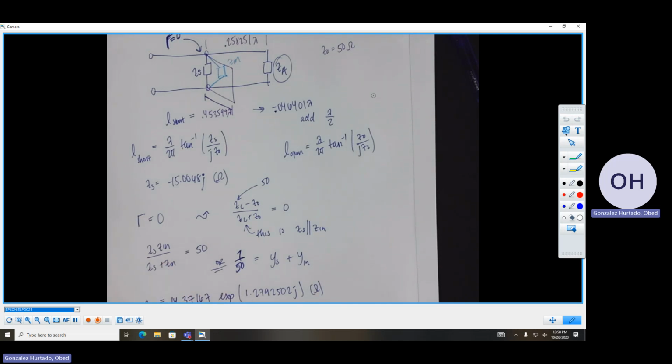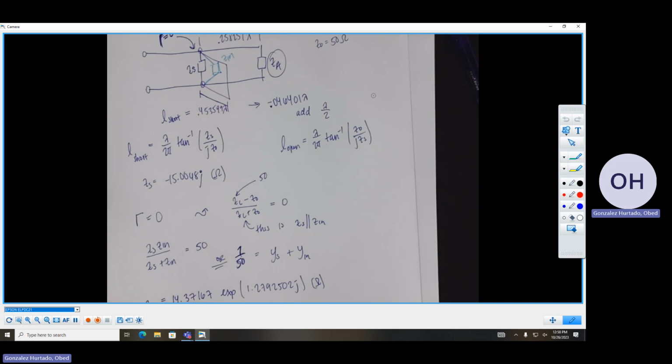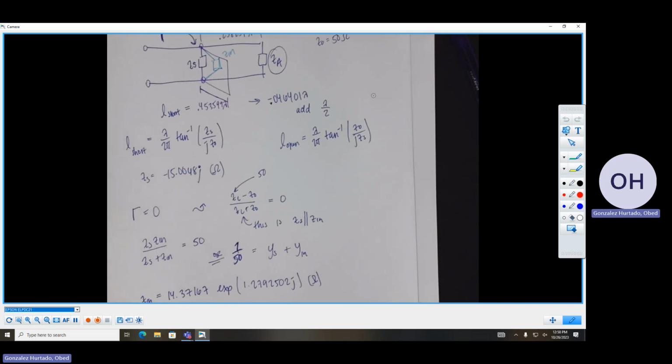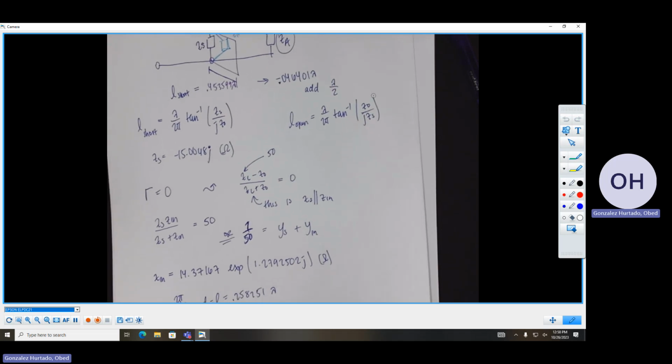Where that's your L open, the length of the open stub. That's the only difference between the open and short. Yes. The book does go over it a little bit more.